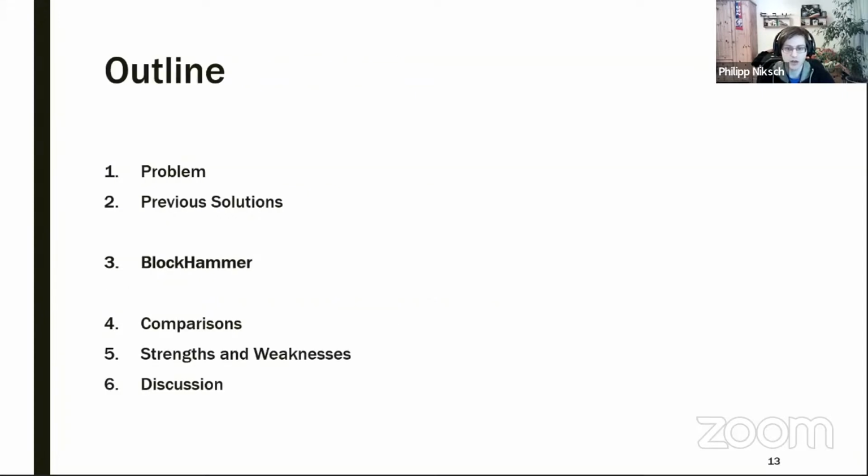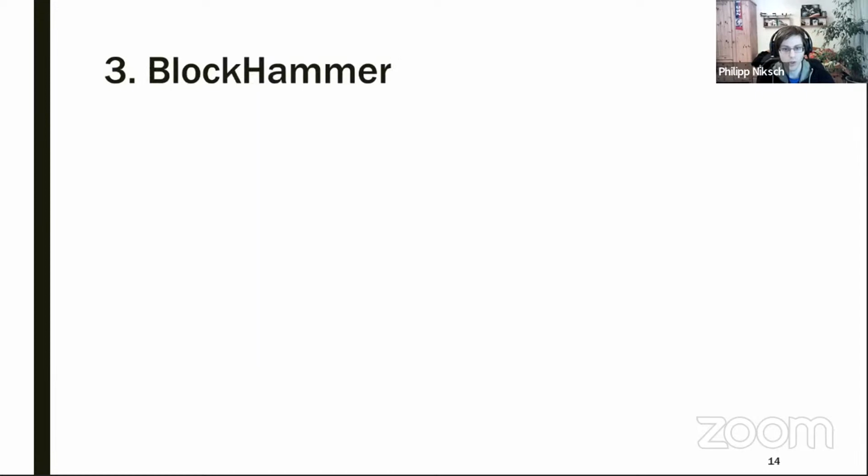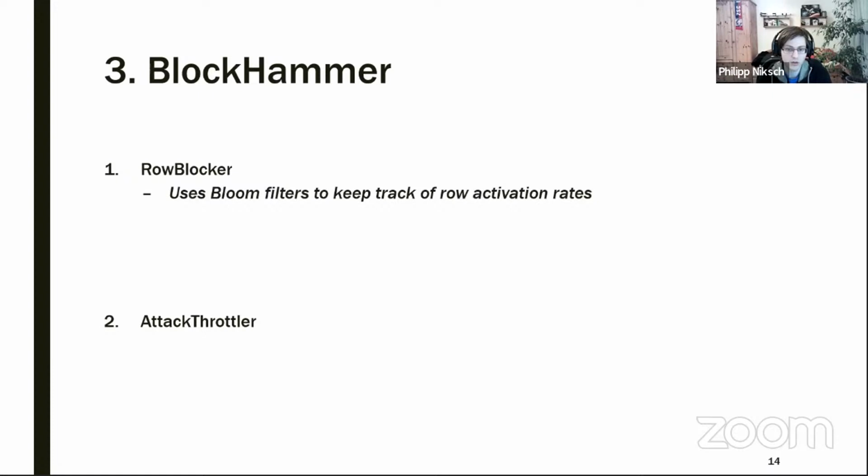We will now start talking about the main focus of the paper, BlockHammer itself. BlockHammer uses two components to mitigate an attack: RowBlocker and attack throttler. RowBlocker makes use of area-efficient Bloom filters in order to keep track of row activation rates.